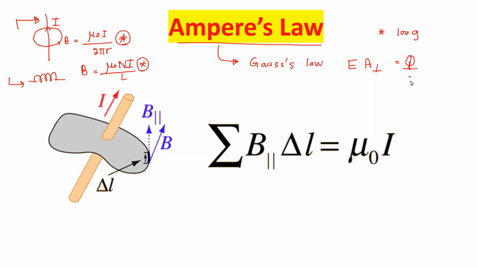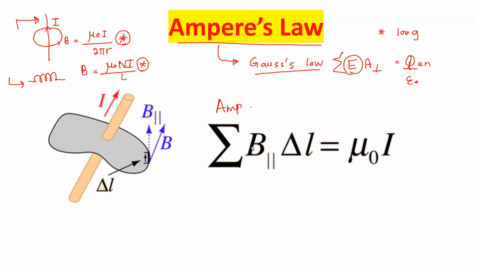Q over epsilon naught, right? Q enclosed over epsilon naught. So if you look at this equation, this also has the same trend, they look similar, but they are not the same. So just as we used Gauss's law to find the electric field, we use Ampere's law to find the B field. But there are a few differences that we have to keep in mind.